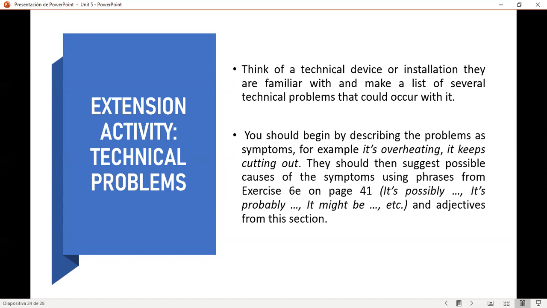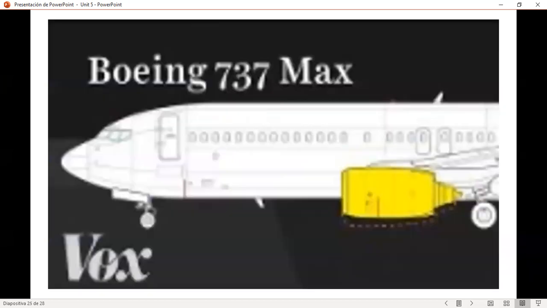It says you should begin by describing the problem as symptoms. For example, it's overheating, it keeps cutting out. You should also suggest possible causes of the symptoms using the phrases it's possible, it could be, it might be, it's probably.